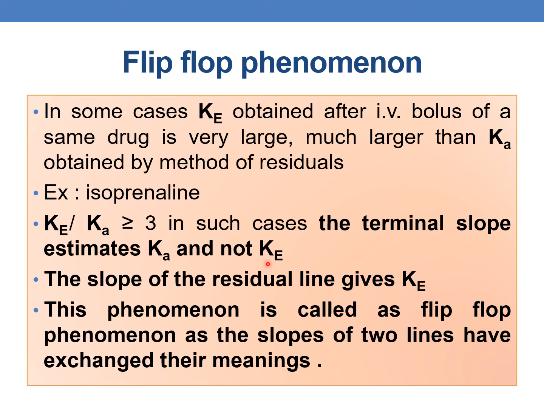Usually the terminal linear portion yields the elimination rate constant, but whenever the elimination rate constant is much larger than the absorption rate constant, and the ratio of Ke by Ka is greater than or equal to 3, the terminal slope estimates the absorption rate constant and not the elimination rate constant, and the slope of the residual line gives Ke.